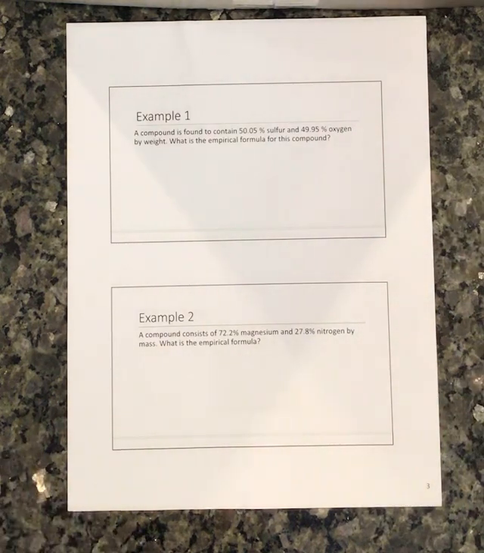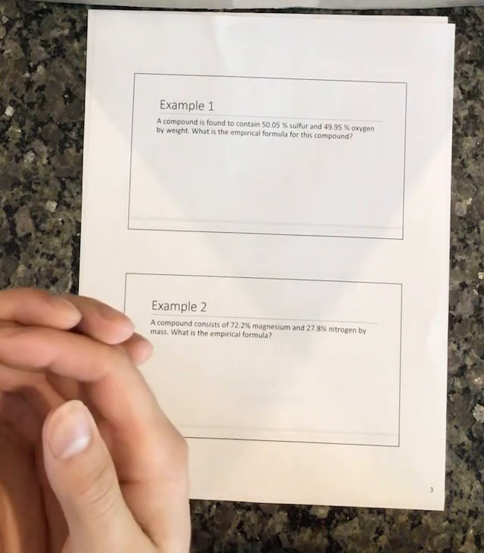For our first question, it says a compound is found to contain 50.05% sulfur and 49.95% oxygen. What is the empirical formula for this compound? If you remember from our last lesson, we talked about a mass spectrometer. A mass spectrometer is where you get a certain amount of mass of a compound, typically some sort of solid.